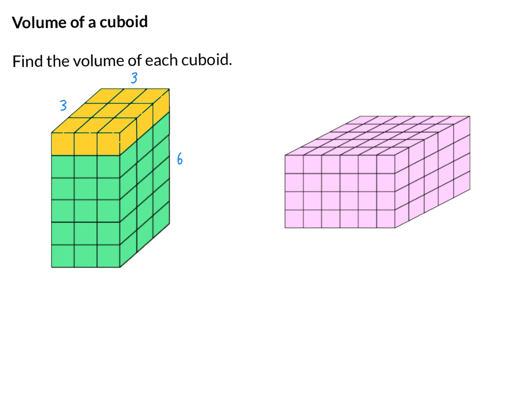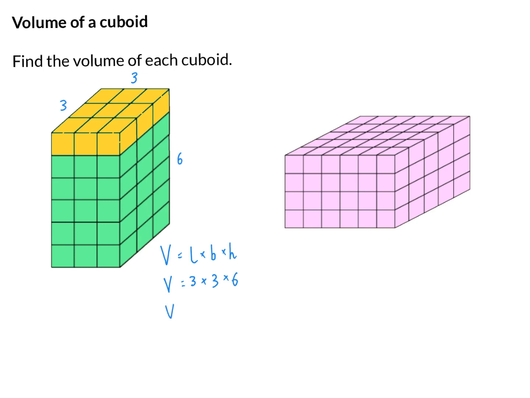And this means we can change our working. We can say the volume of a cuboid is its length times its breadth times its height. So this means my volume is going to be 3 times 3 times 6.